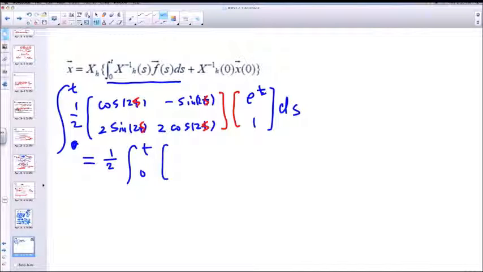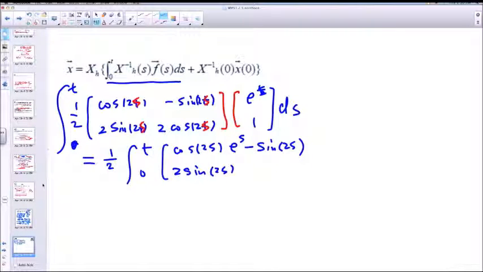And then you have cosine 2s e^s minus sine 2s, 2 sine 2s. That's 0, I think. Is that right? Then that's wrong.